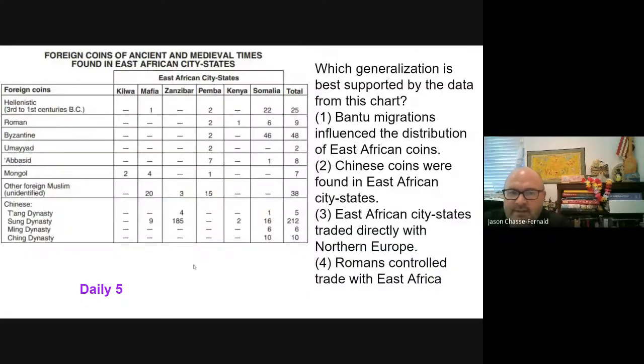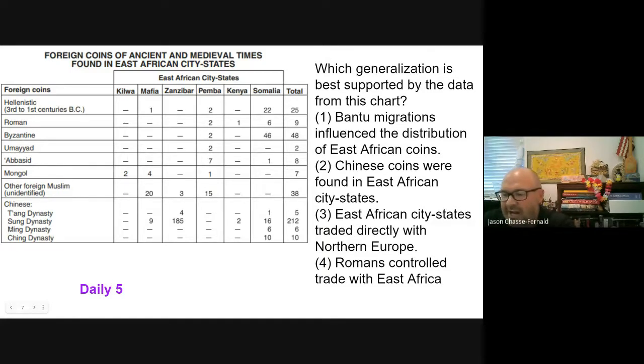All right, our last question. Which generalization is best supported by the data from this chart? Let's go ahead and take a moment and look at this and come back. All right, having looked at this, this is a pretty long time frame of coins we're talking about here, from Hellenistic era coins, post Alexander the Great, and Roman era coins all the way to Qing Dynasty.